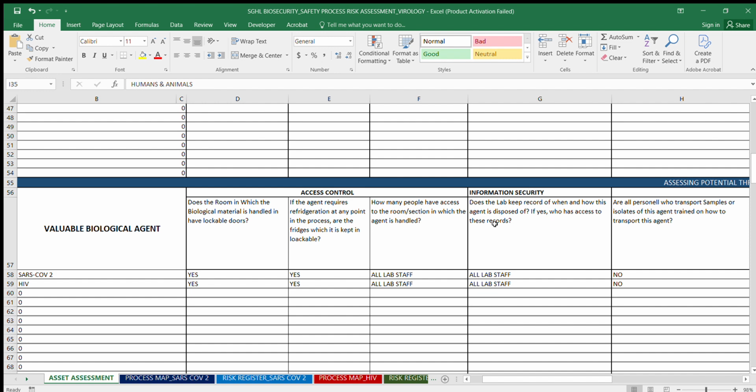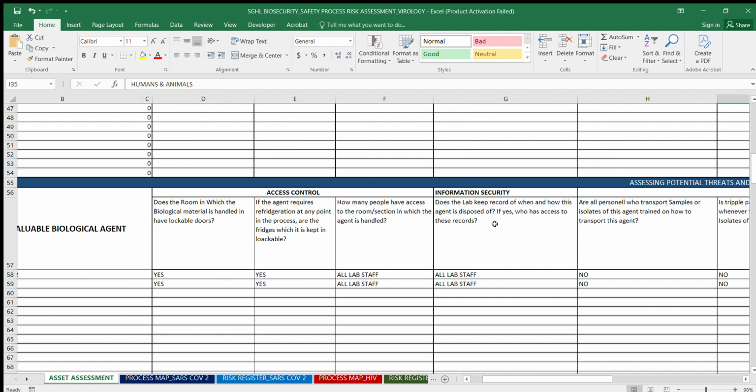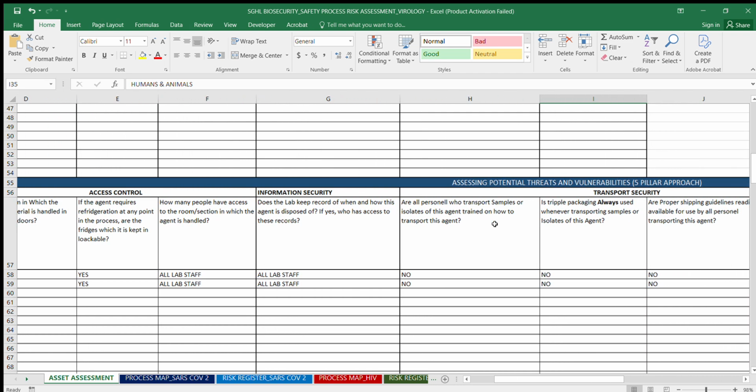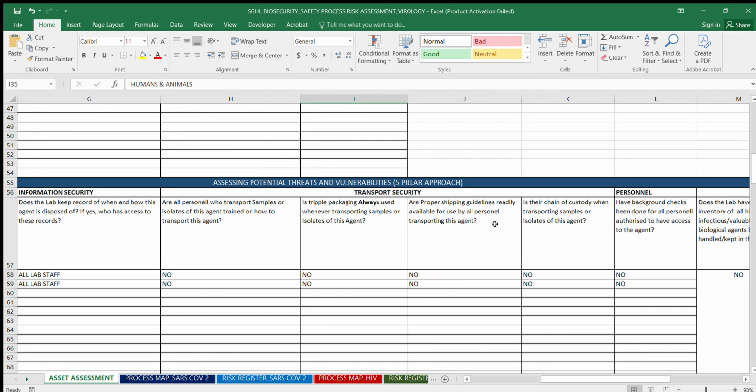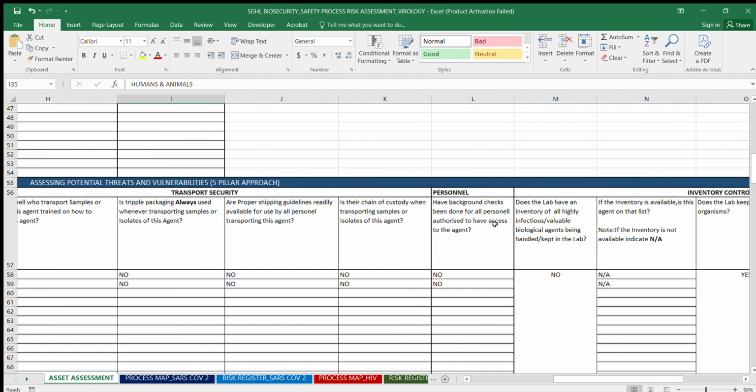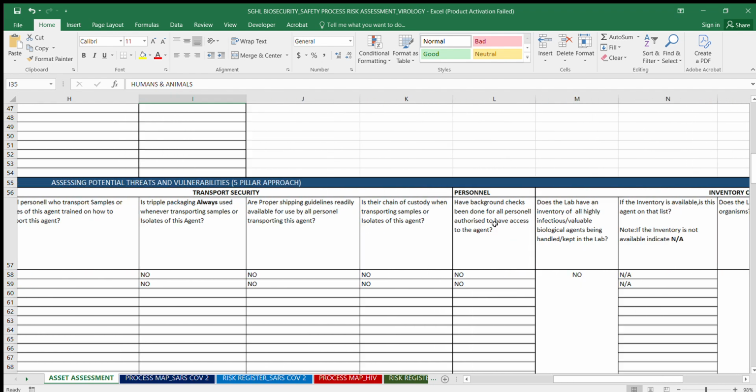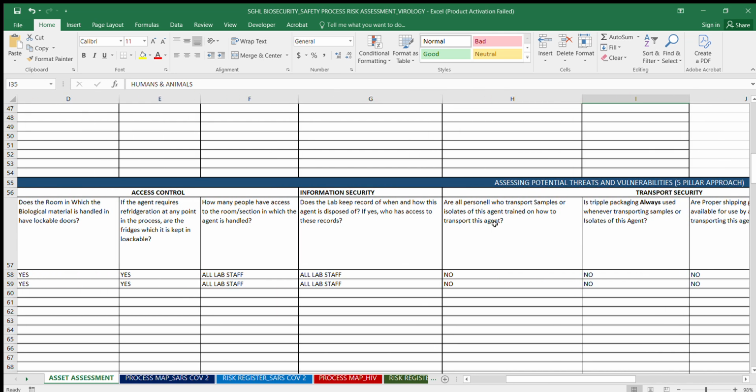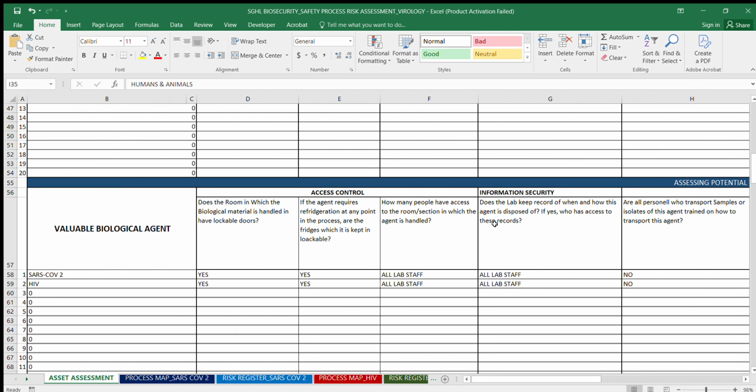So the 5 pillars of biosecurity are physical security or access control, information security, transport security, personnel security, and inventory material control and accountability.